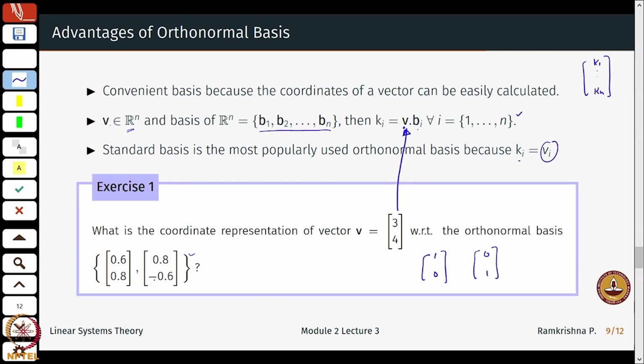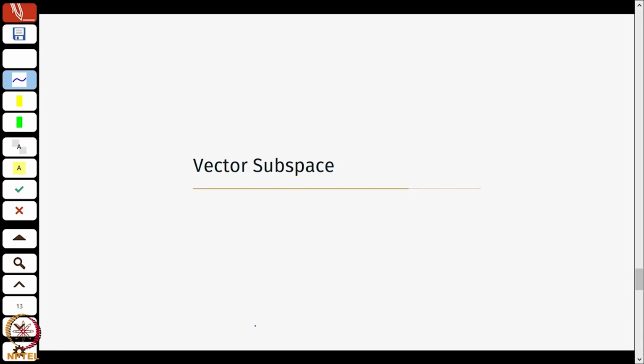And okay, these are also orthonormal bases because they are orthogonal and also of magnitude 1. Okay, so that kind of concludes the discussion on what is meant by basis, representations of vectors, uniqueness of basis or not, and among several others.